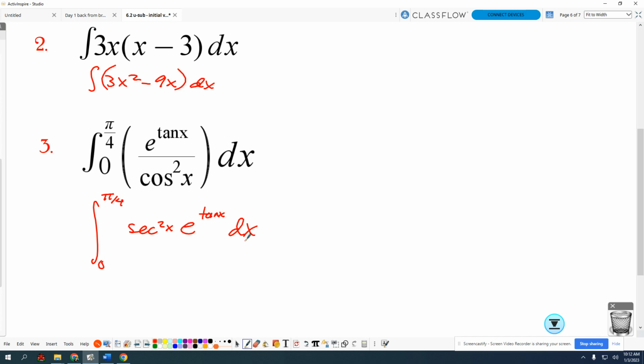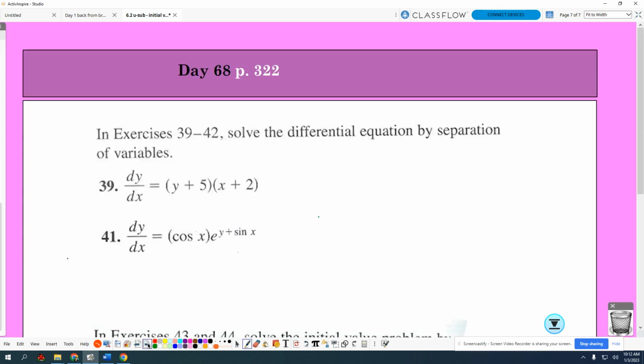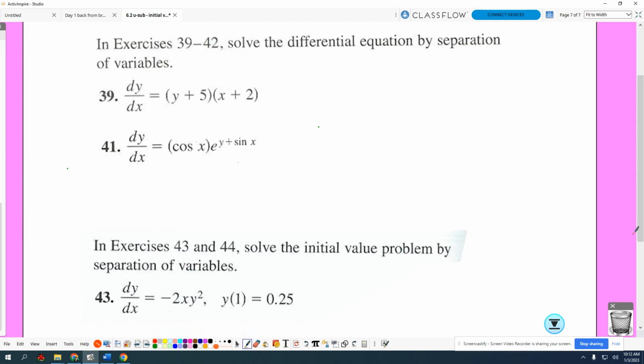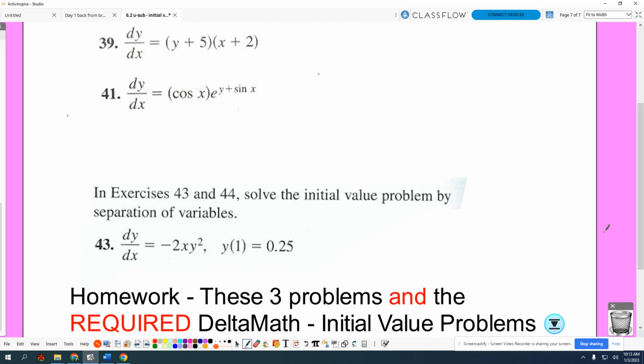We have not done reverse product rule, but that is next week. Like tomorrow. I accidentally did that. Okay, I had no idea. Here are the 3 problems that are textbook homework, but there is also, like I warned you, Delta math.